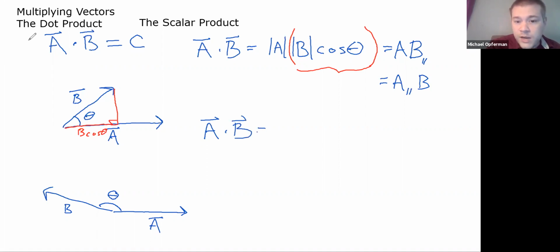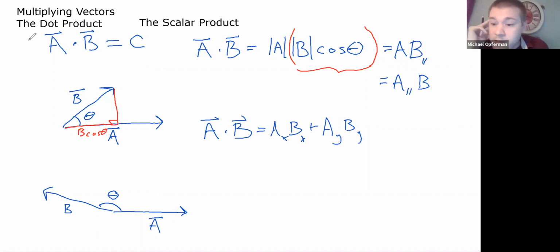You can write it as the X component of A times the X component of B plus the Y component of A times the Y component of B. And here you will notice that I think this might be the first formula in the whole course other than the Pythagorean theorem where we have X components and Y components actually appearing in the same equation. So we're actually mixing together the X and Y components with each other to give you the dot product.